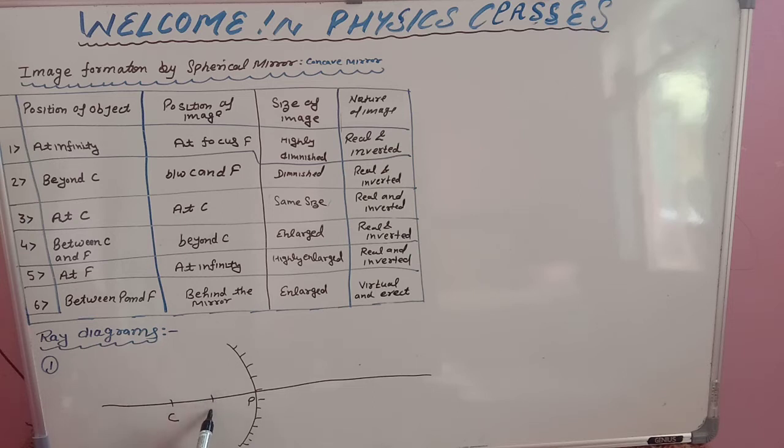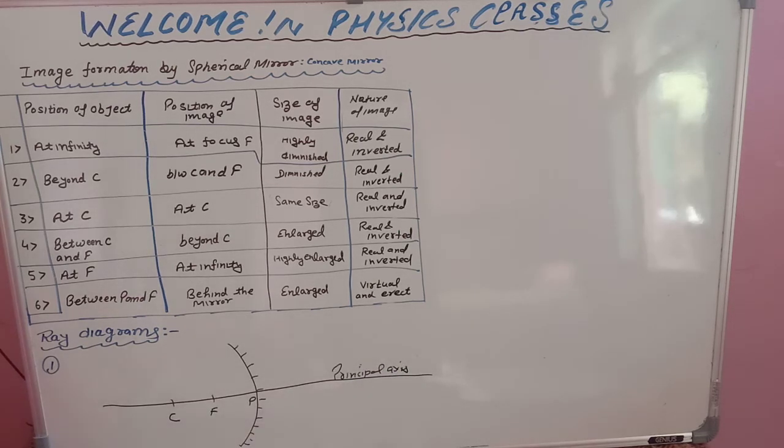So let us draw its focus F. Get it? And whenever you are drawing this line, always write what it is. It is your principal axis. How many points have I drawn here? P, F, C. Pole, focus, center of curvature. So all these 3 points should be in your diagram.